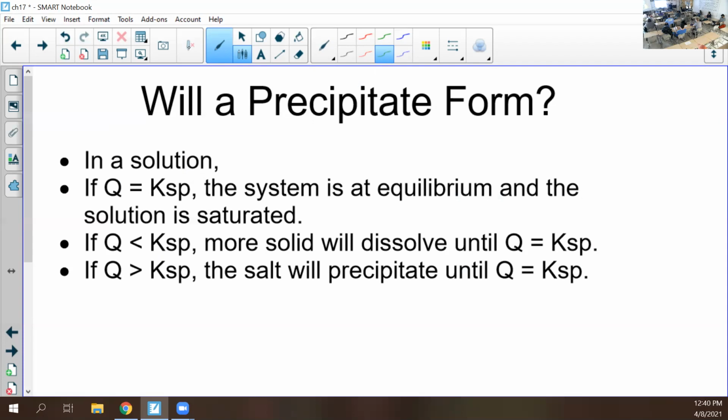Okay, here we go. If Q is less than Ksp, more solid will dissolve until Q equals Ksp. If Q is greater than Ksp, the salt will precipitate until Q equals Ksp.